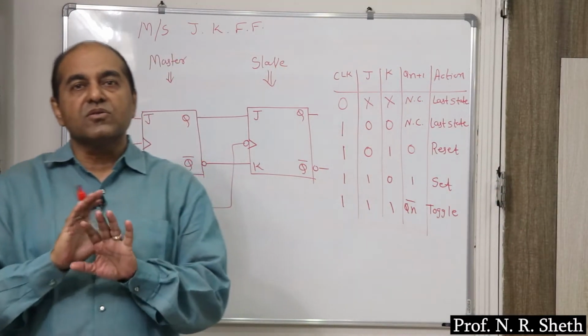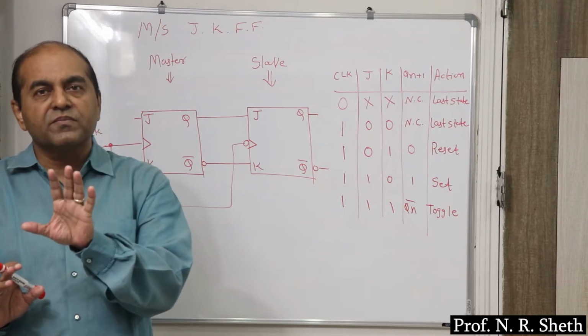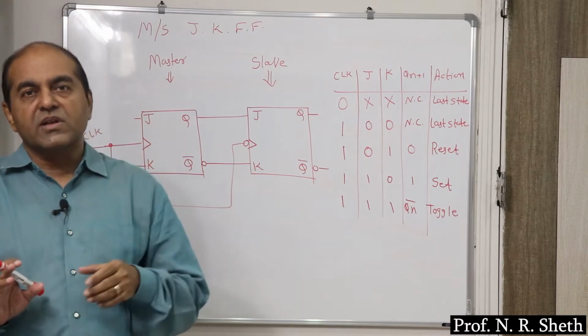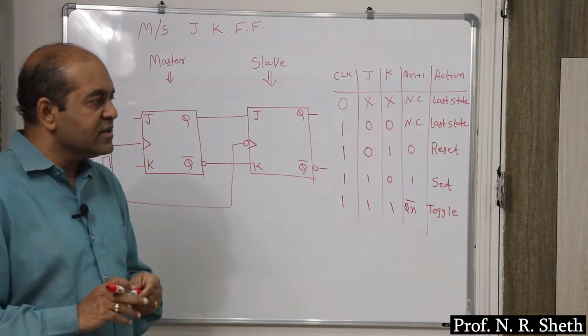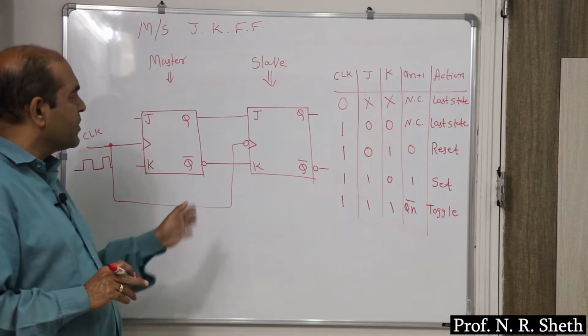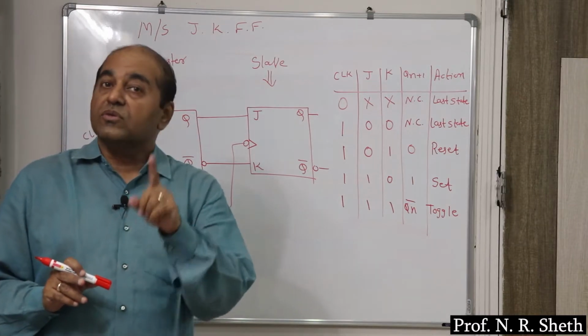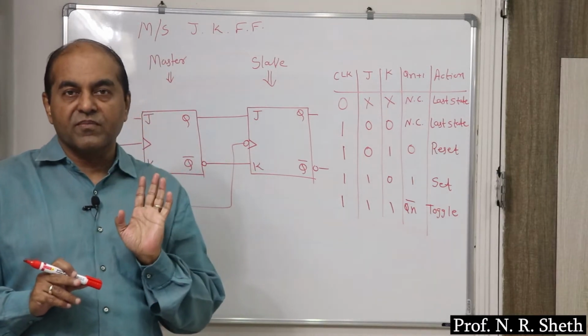So, there is no chance of racing, and the only disadvantage of JK flip-flop is very easily eliminated. So, nowadays in place of JK flip-flop, people are using master slave JK flip-flop only for the property of toggling.